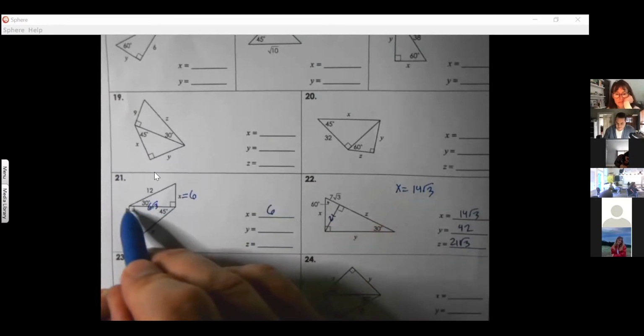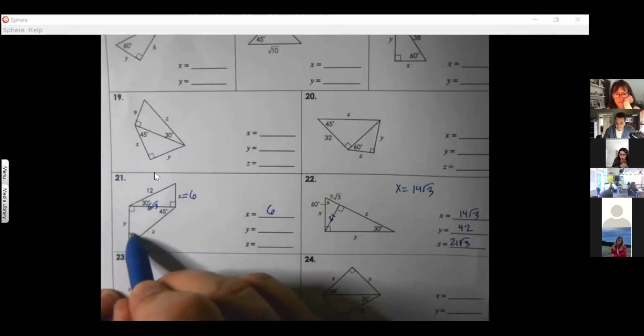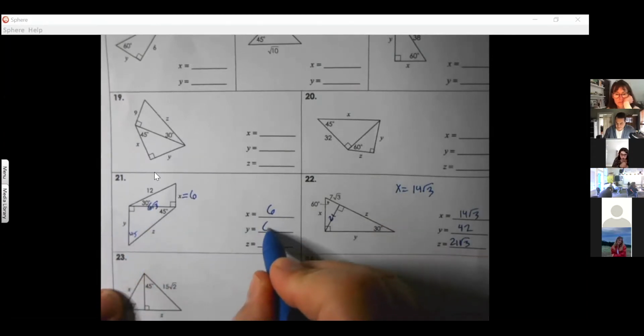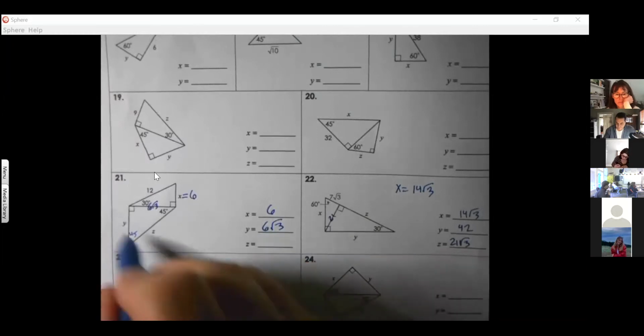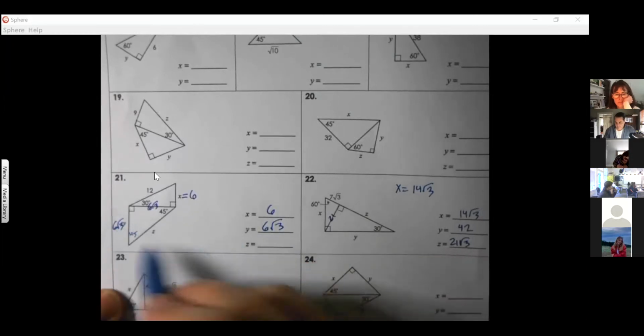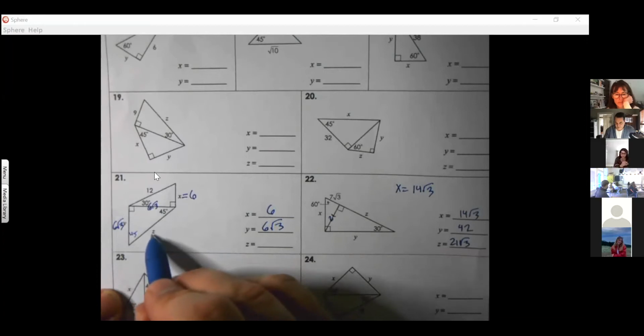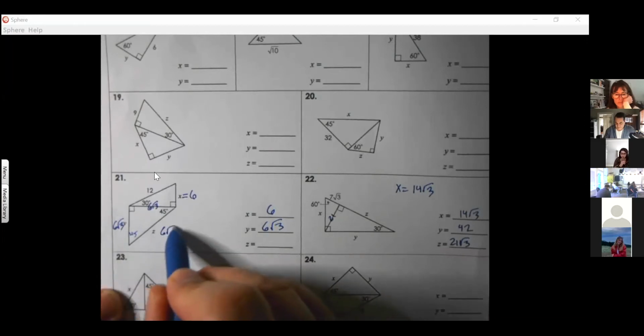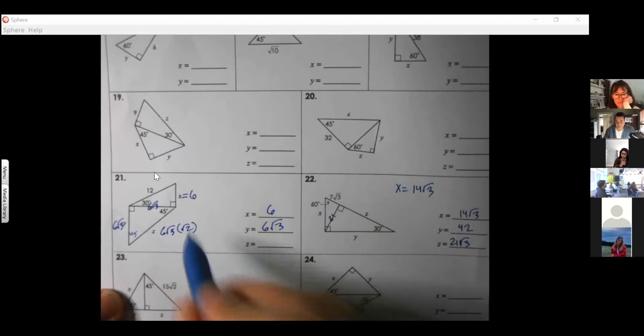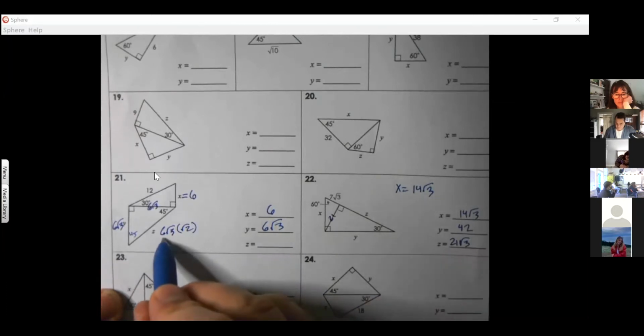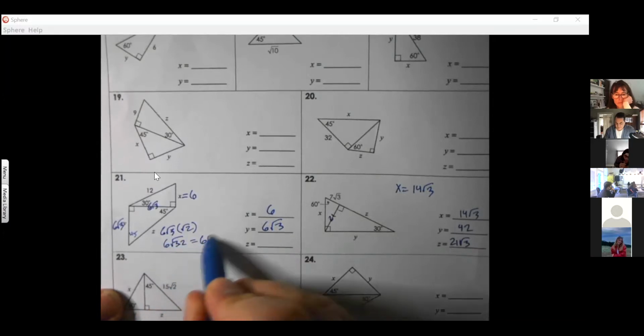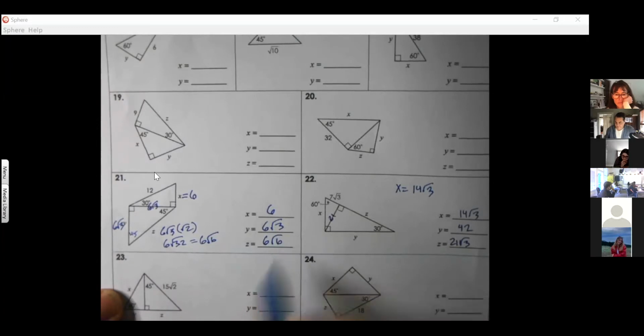And because this is a 45, 45, 90 triangle, I know that the two sides are the same. It's isosceles. So this is 6 root 3. And then whatever goes here is going to be this times a root 2. So in this case, as we learned last class, when you have a radical with 2 terms, you can multiply those terms and get 6 root 6.